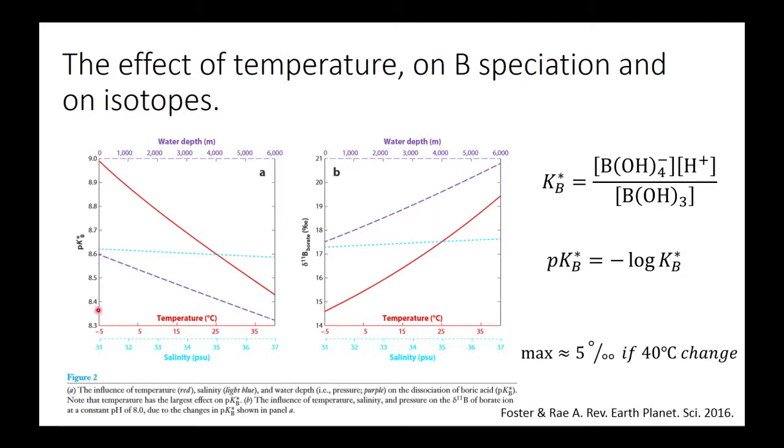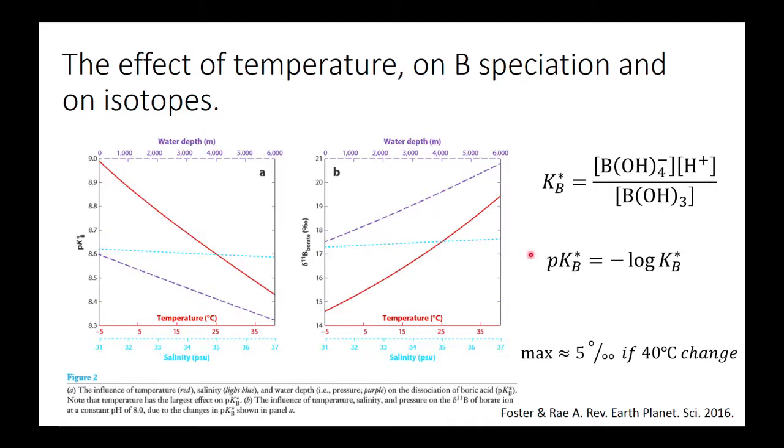Changing temperature is the red line. You can see temperature from -5 degrees to 35 degrees has quite a large effect on the equilibrium constant. Changing salinity doesn't have much of an effect on the equilibrium constant.